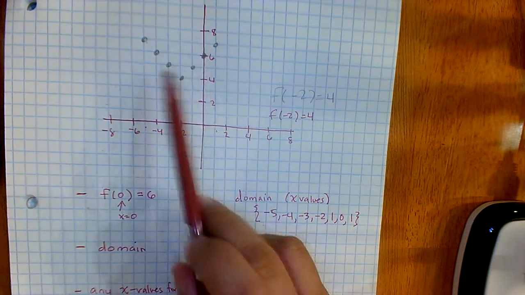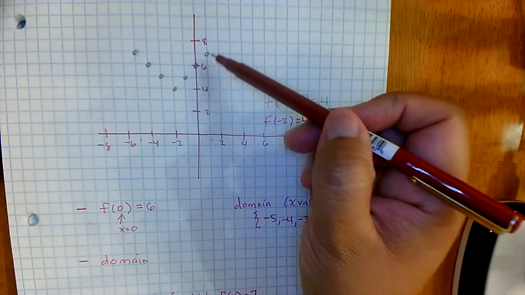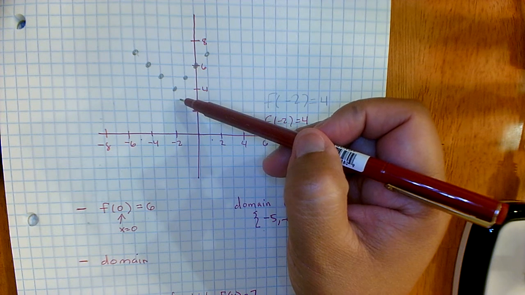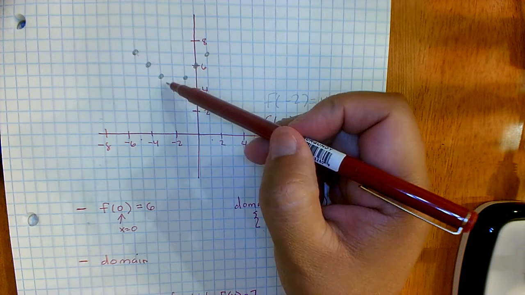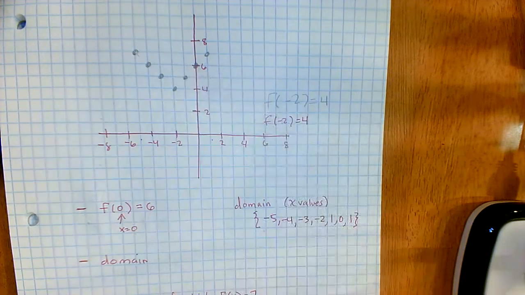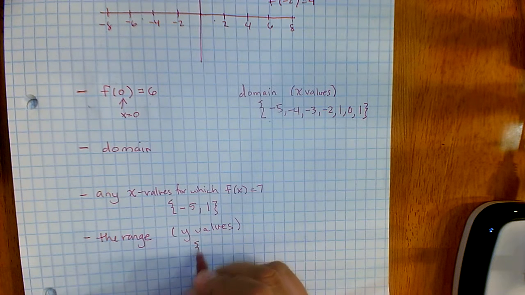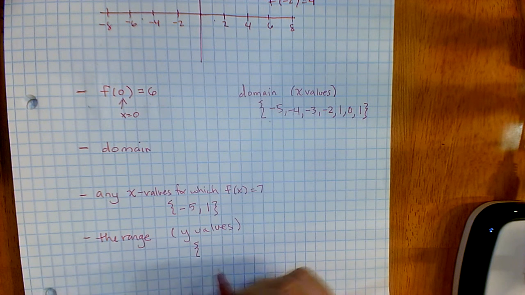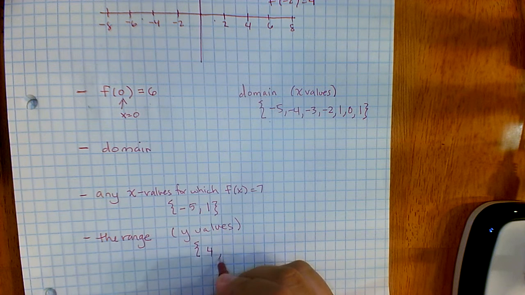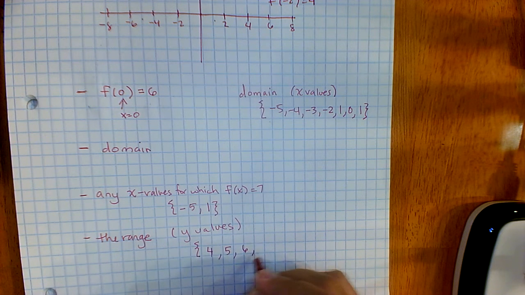And my outputs, or my y values here, are 7, 6, 5, 4, and then they repeat themselves, right? 5, 6, 7. So my outputs, or my ranges in this case, again, are going to be a small set of values. I'm again going to put them in those curly brackets, and we tend to start from lowest to highest. So we would go 4, 5, 6, 7, and we would close the set.